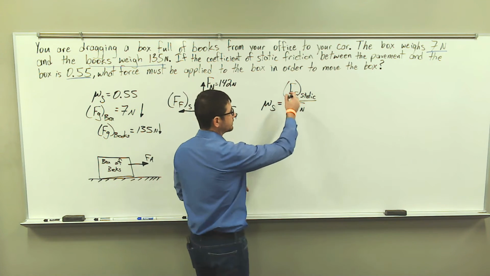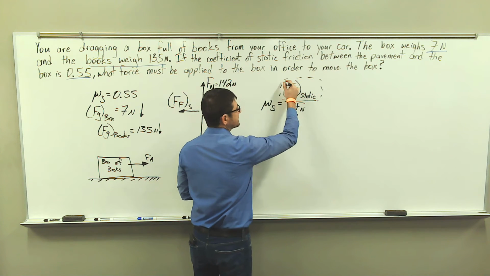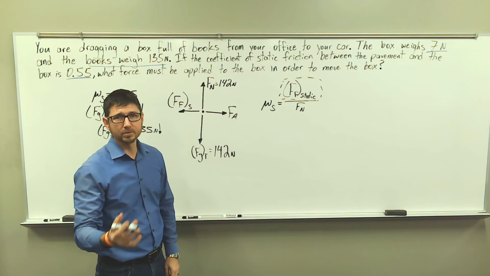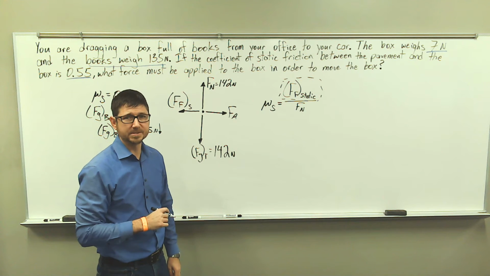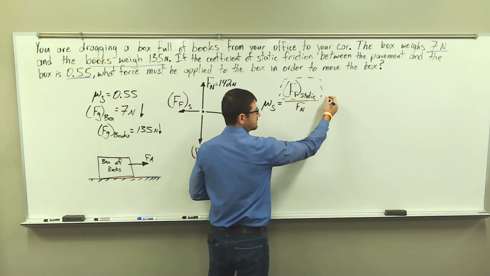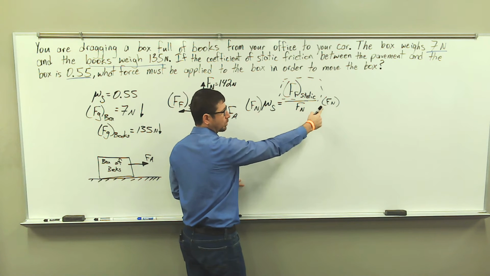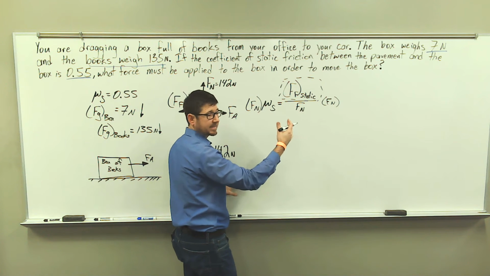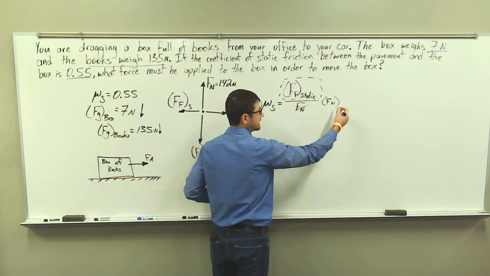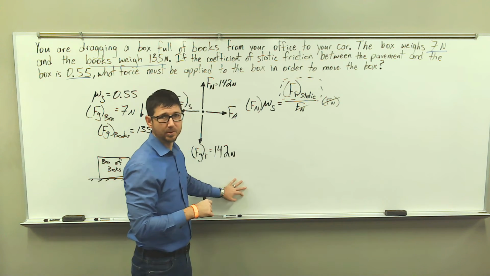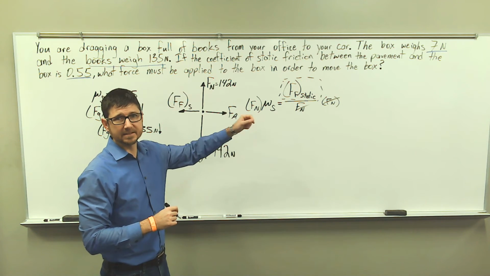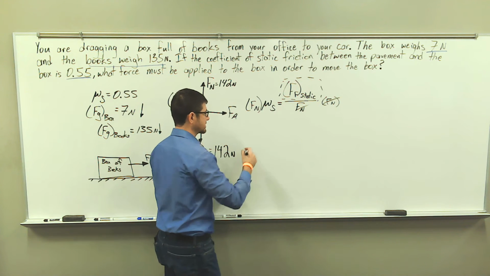So what I'm going to do is isolate this variable by multiplying by normal force on both sides of the equal sign. So when we do this, the normal force on the right side of the equal sign cancels out. We have one in the denominator and one in the numerator. So we've isolated our static friction force.